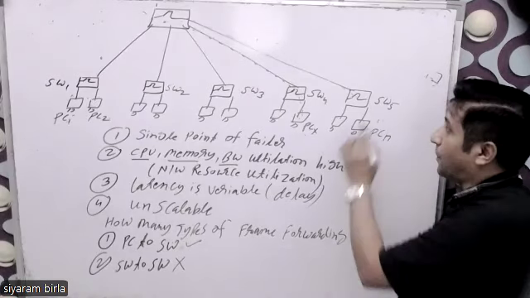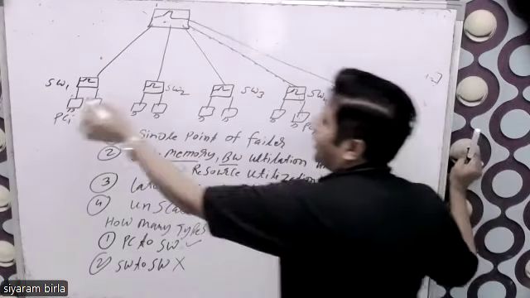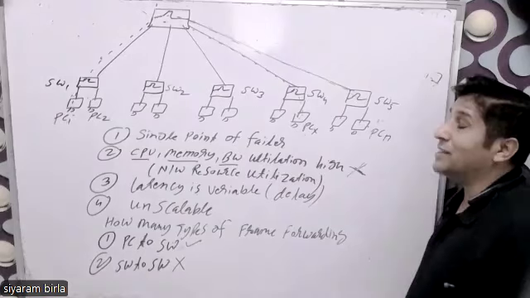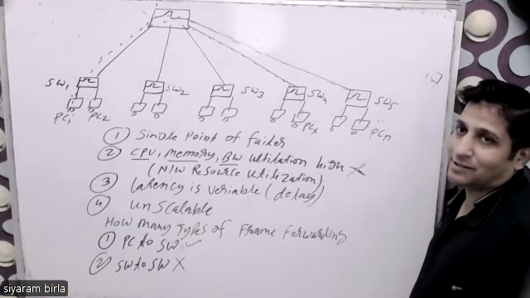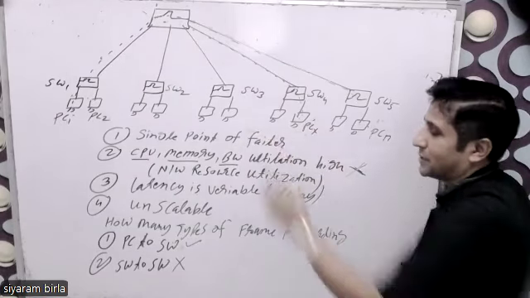And suppose PCN wants to communicate with PC1, so this traffic goes to this switch and this switch sends the traffic to PC1. So my latency will be fixed for this PC as well as this PC. So the variable latency problem has been resolved. My latency is fixed now.